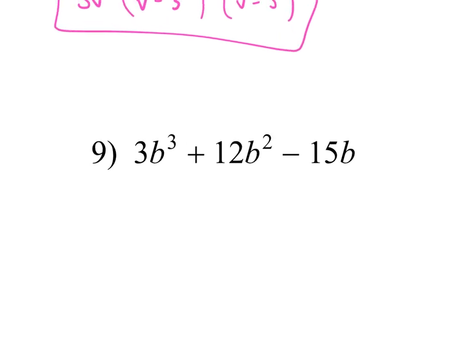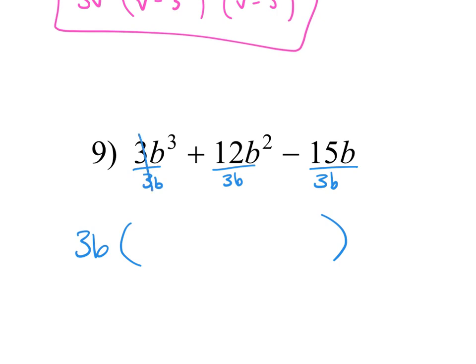Alright, number 9. What can we take out here? 3. Can we take out any b's? Yep, we can take out a b from everything. They all have at least one b, so we can take it out. So we're taking out 3b.